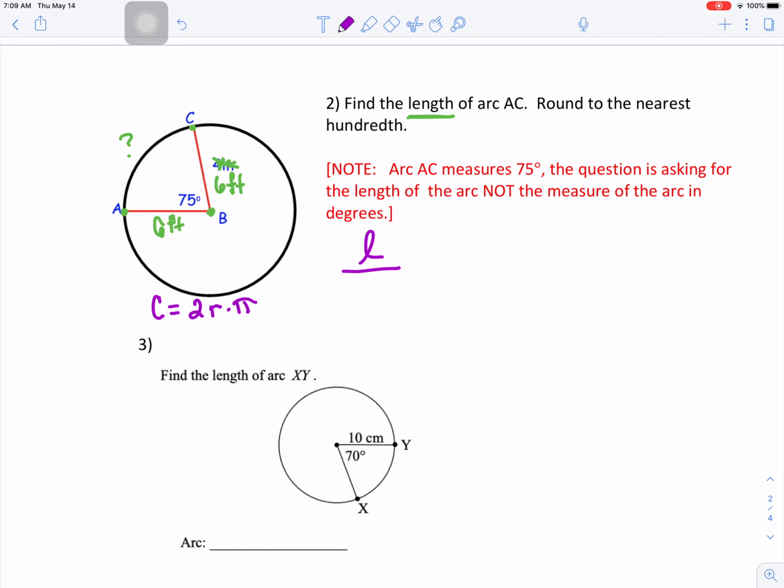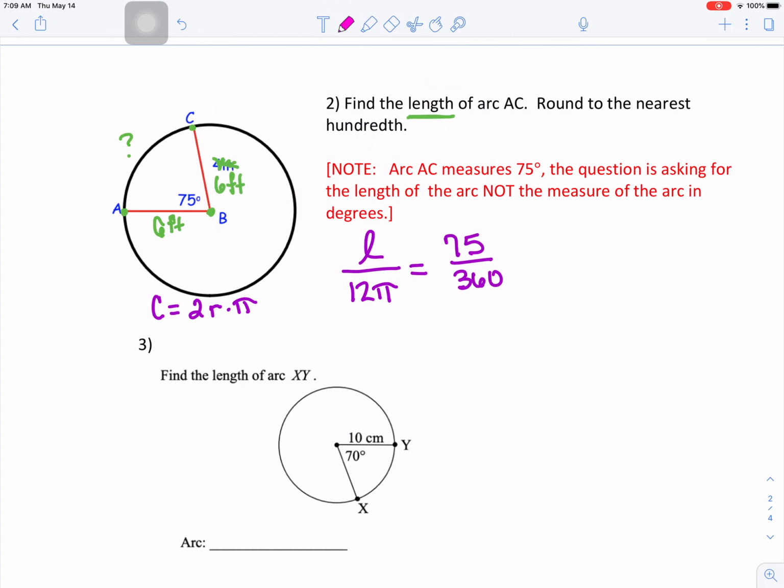So in my new example, it's going to be 12 pi, right? Radius of 6 times 2 is 12. Equals, now I go to my angle part. How big is the arc? Well, the only thing we know about it is it matches with a 75-degree angle, and that would be the part. And then the whole circle is always 360.